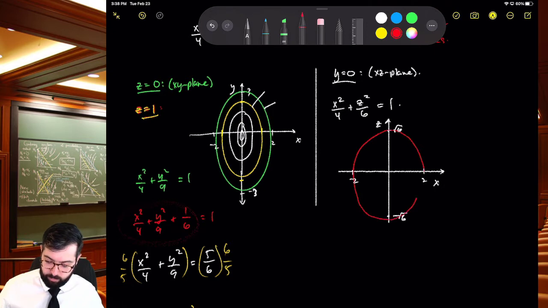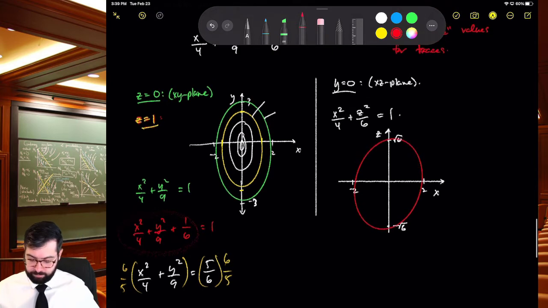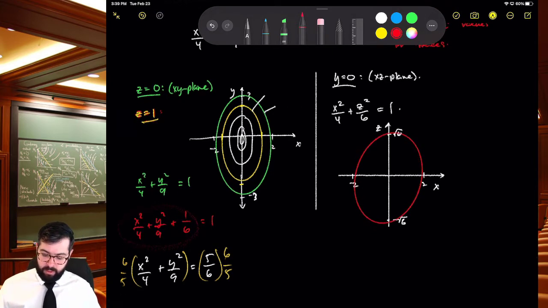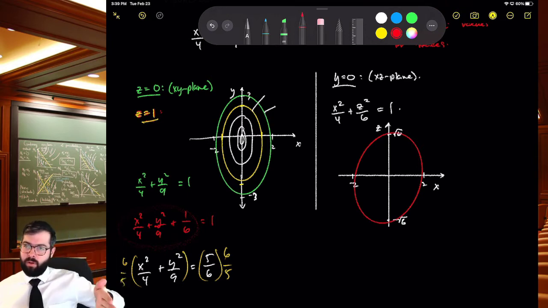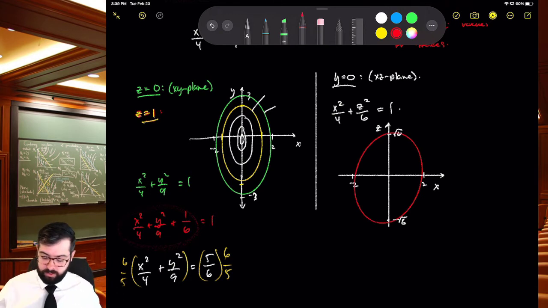Again, it's like the ground floor contour map. Not a circle. Something like this. And the same thing happens if I let, again, this is the xz plane, so this is the left-hand wall of the first octant. That's what this looks like.